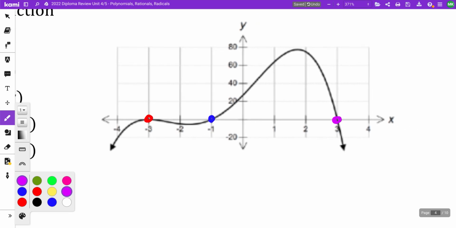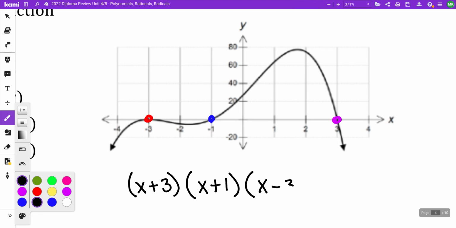Those tell me that my function must have x plus 3, x plus 1, x minus 3. Those must be the three factors.